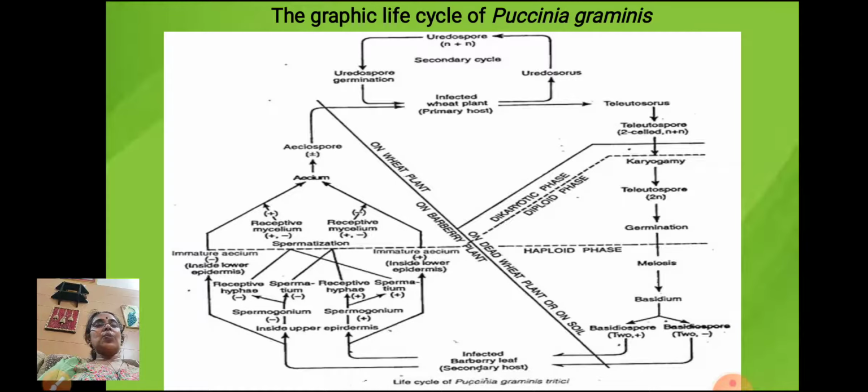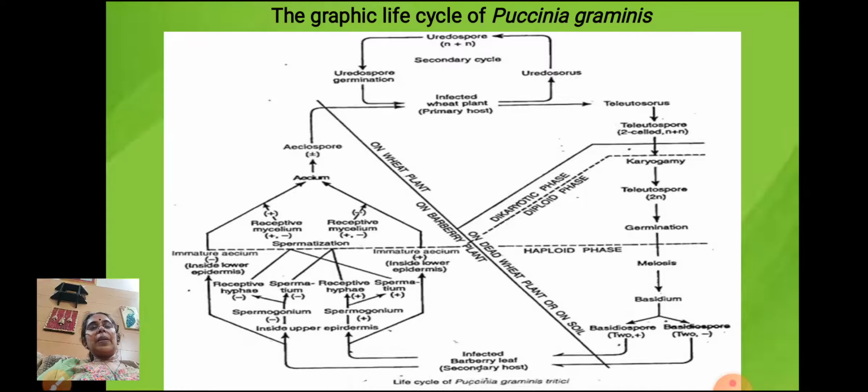In the teliospores, fusion of the nuclei takes place, resulting in the formation of a diploid nucleus. It undergoes meiosis, resulting in the formation of the Basidium. The Basidium produces two kinds of basidiospores, two of them belong to the plus strain and the other two belong to the minus strain. These basidiospores infect the secondary host, the barberry plant.